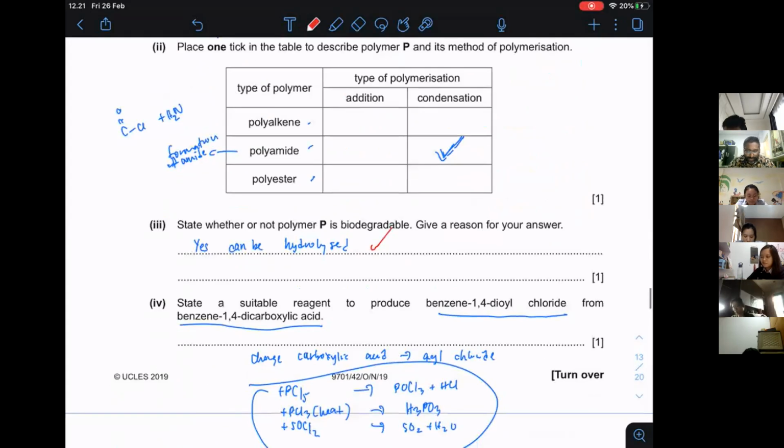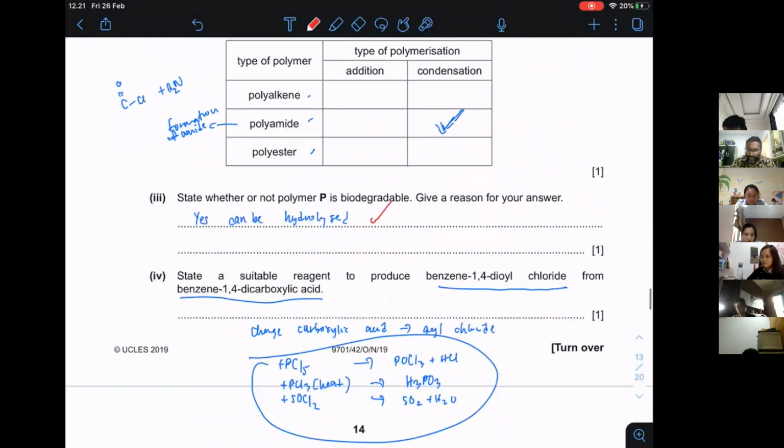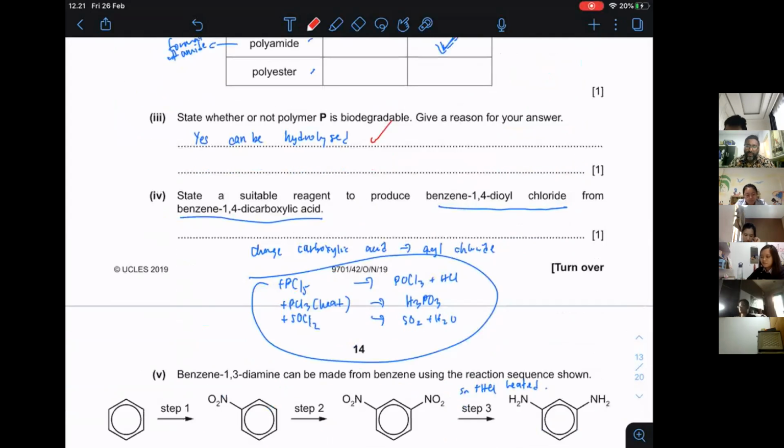Now, state a suitable reagent to produce benzene-1,4-dioyl chloride, the diacyl chloride, from benzene-1,4-dicarboxylic acid. It means something that has this, and they say dicarboxylic acid, so maybe they have something like this.